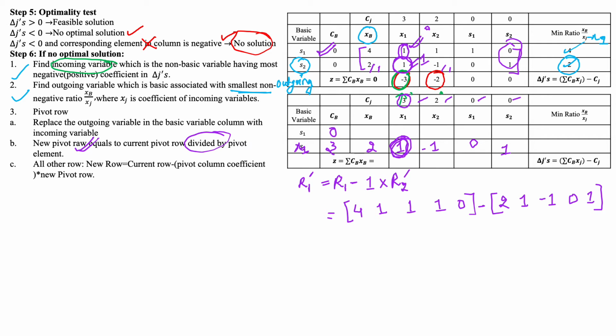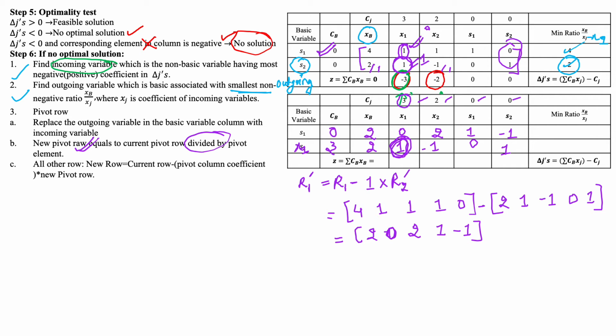So what are my new elements? 4 minus 2 is 2, 1 minus 1 is 0, 1 minus minus 1 is 2, 1 minus 0 is 1, 0 minus 1 is minus 1. So these are my new R1 elements: 2, 0, 2, 1, minus 1.